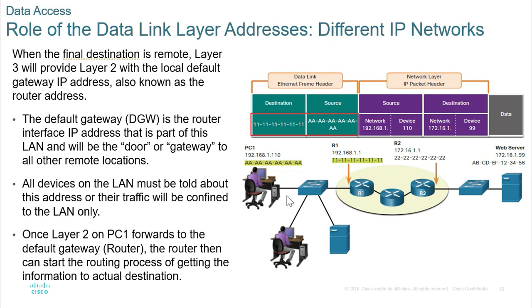When the router receives the packet, it will address the data link layer header to addresses that are actually on the same network. So PC1, when it needs to send to a different network, will just find the MAC address or physical address of the default gateway. In this case, the MAC address is 1111, all ones.